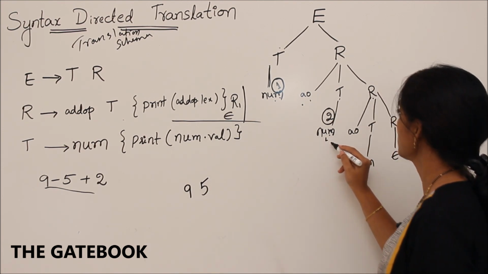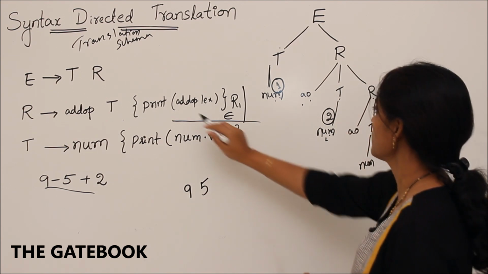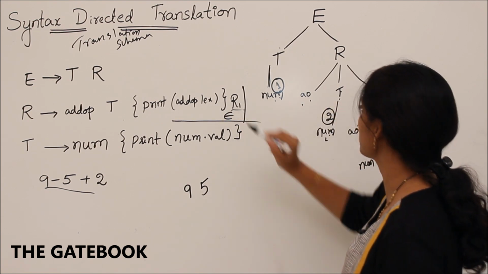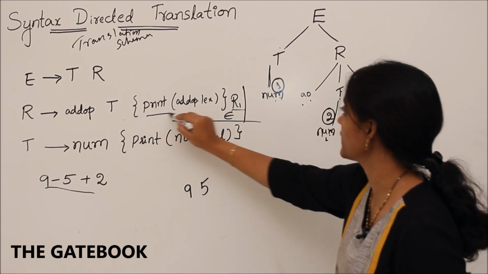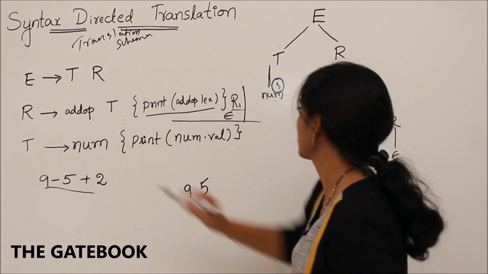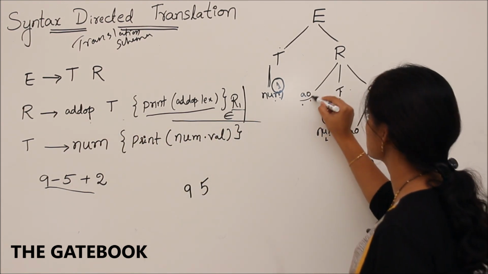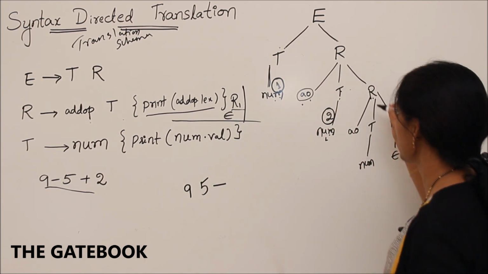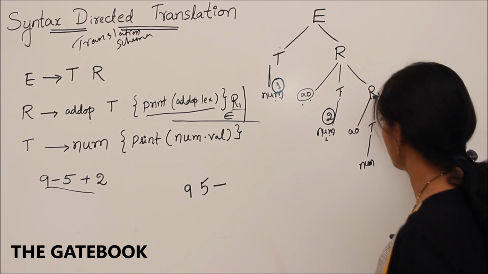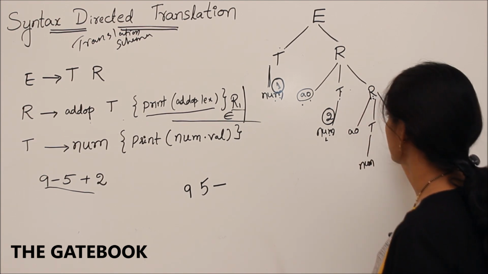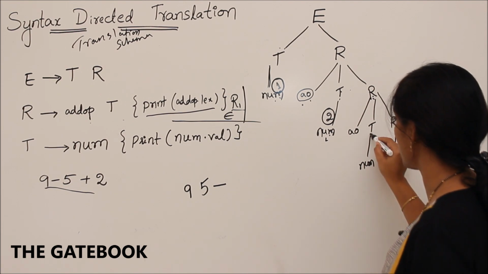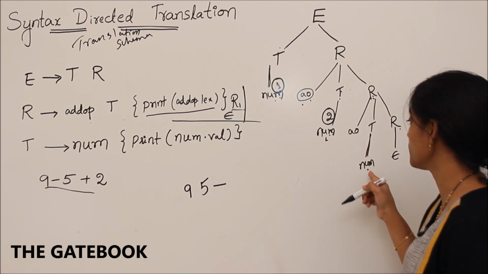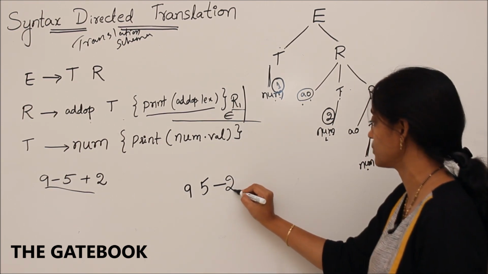And after this, whenever we are done with T, before evaluating R1 we need to print the operator, correct? What is the operator here? That is nothing but minus. That is how we print. And then we come to evaluation of R. Again here R will be replaced with this production, and first we evaluate T, that means T derives num. As part of this we need to print the value of number, that is nothing but 2.